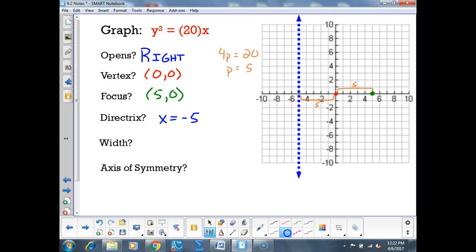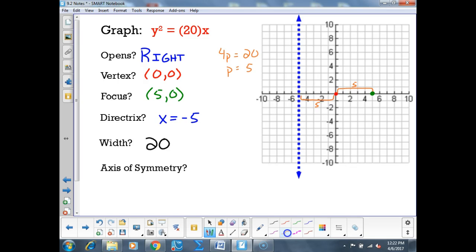What is the width of our parabola through the focus? 20. It's 4p.